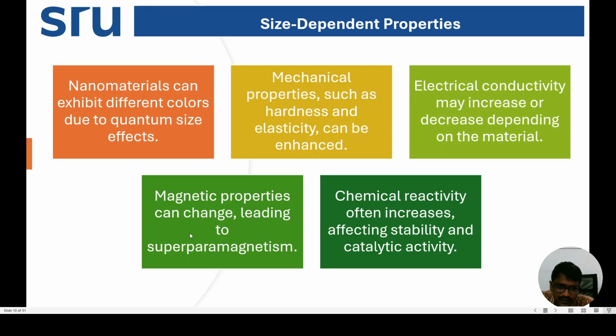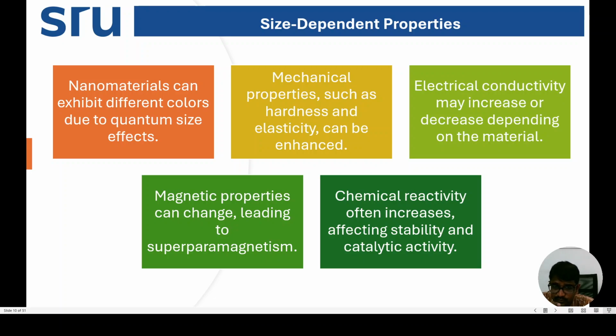For these advanced technologies, we can use different magnetic materials, which provide new applications like superparamagnetism, superconductivity, etc. What I want to inform you is that due to nanomaterials, new properties will evolve, and new technologies and applications we can achieve.